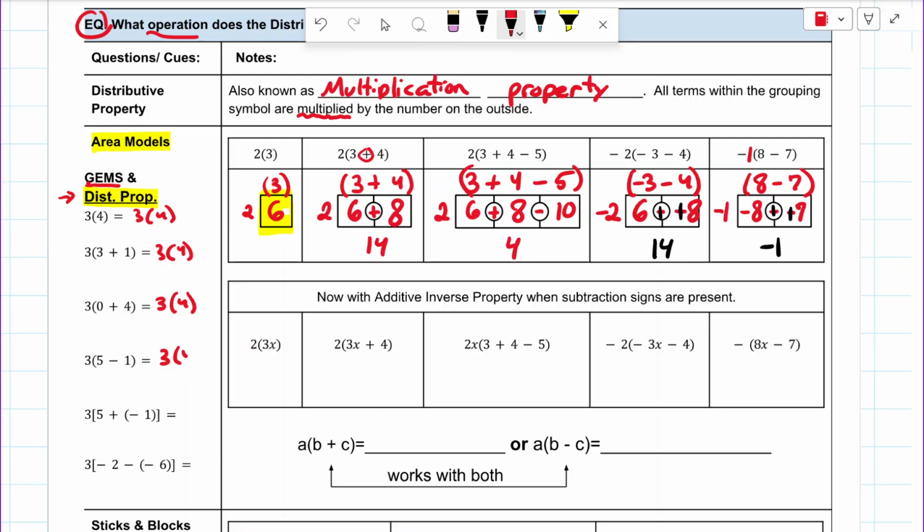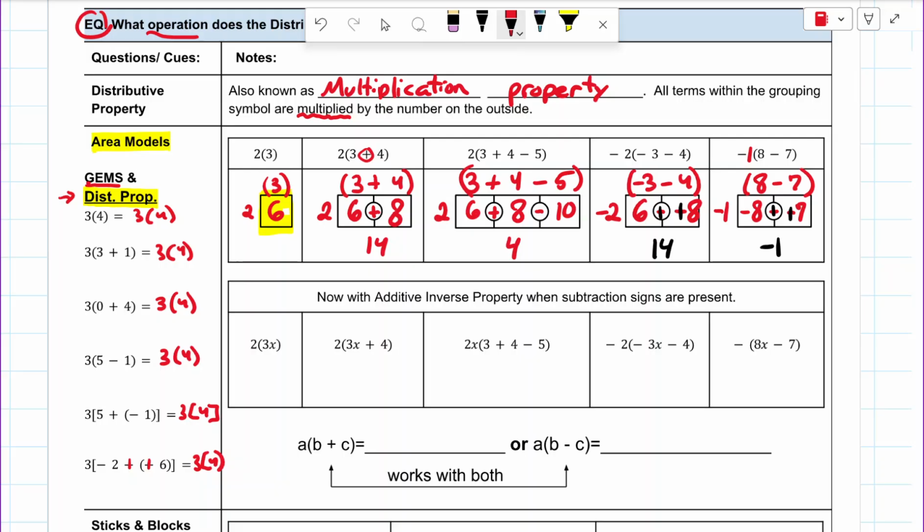And you can see what's happening here. They are all 3 times 4. 5 plus a negative 1 is also 4. And then negative 2 minus a negative 6, we're going to do additive inverse. Negative 2 and 6 is 4. So every single one, when you do GEMS, is going to end up being 3 times 4.